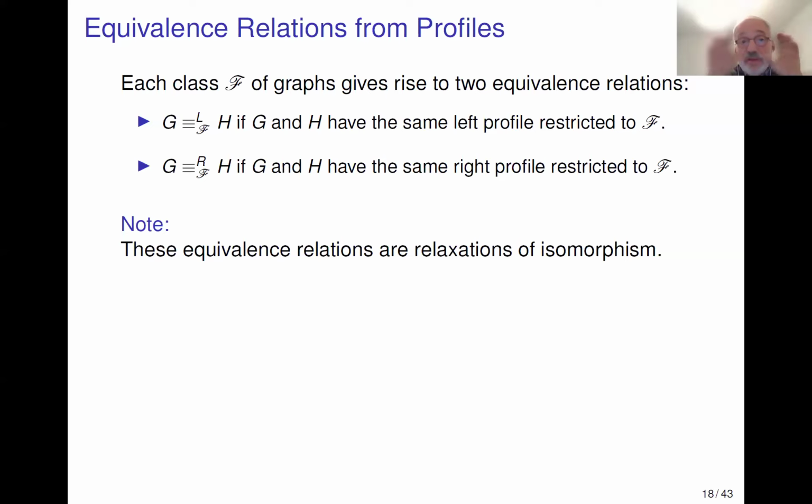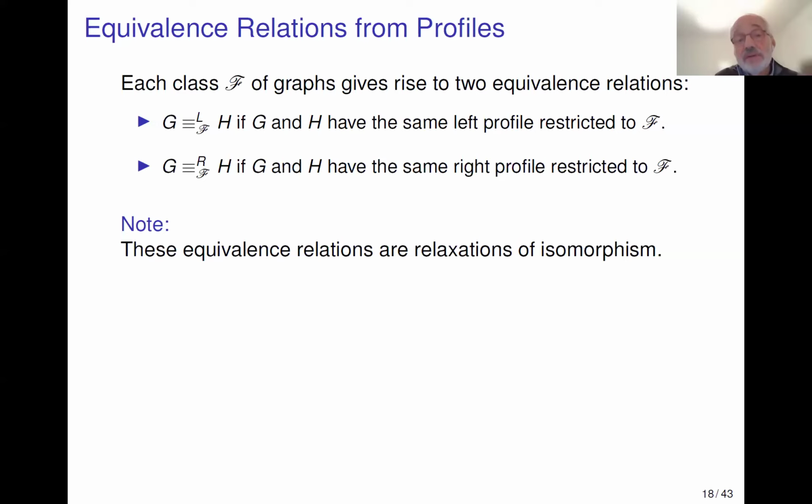We have, again, fixed a class of graphs, and we count homomorphisms from every member of this class to some other fixed graph. And that gives us the left profile. And now this induces an equivalence relation.